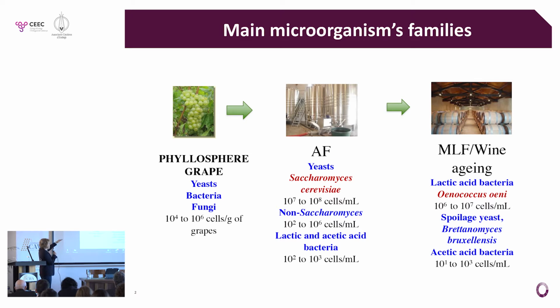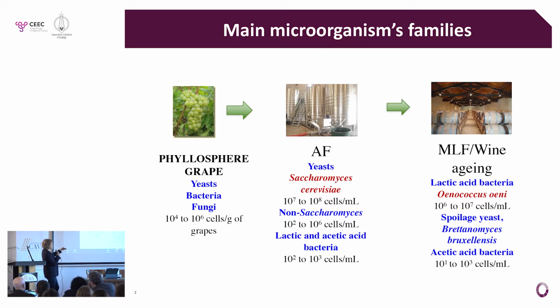Then we also have non-Saccharomyces yeast at a lower population level, and of course also lactic and acetic acid bacteria. We will see later that at the beginning of the alcoholic fermentation, the bacteria population is quite low because of the development and growth of yeast.